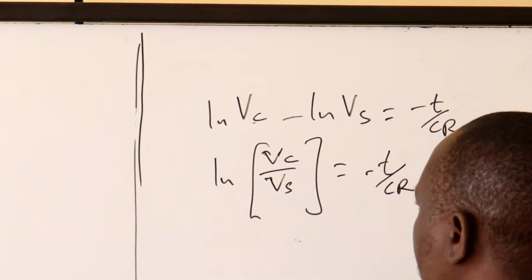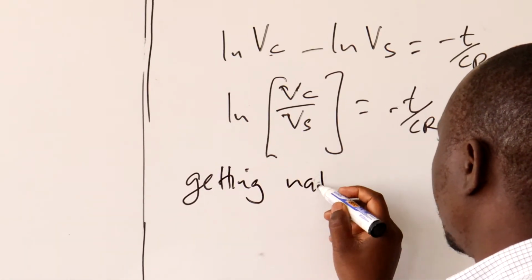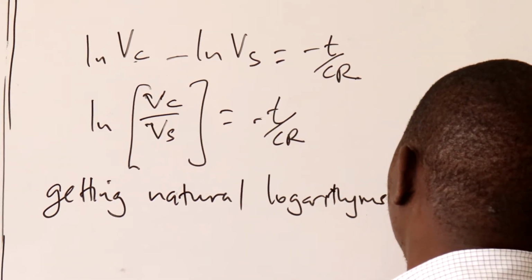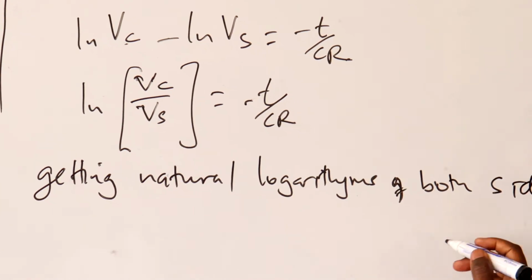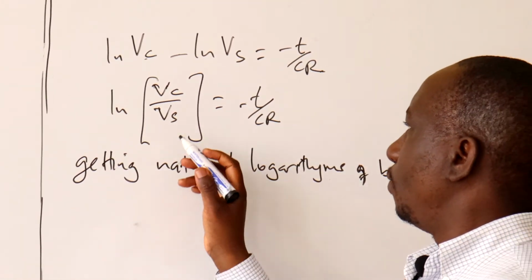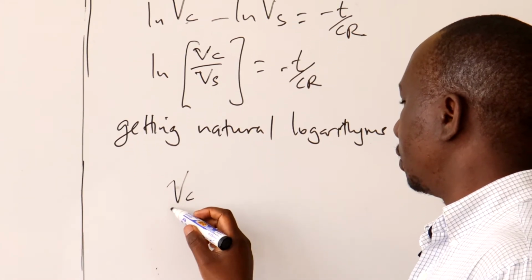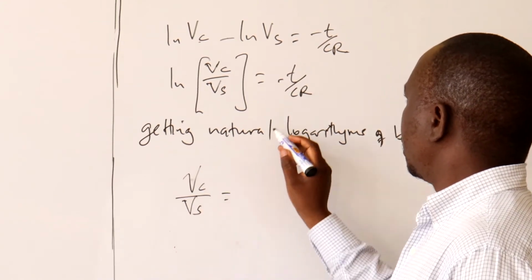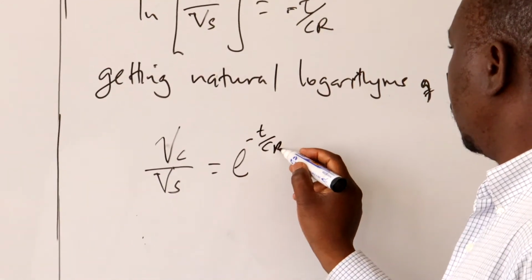So taking natural exponentials of both sides, we'll have VC over Vs is e to the minus t over CR.